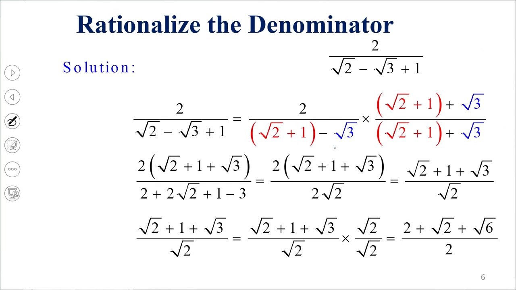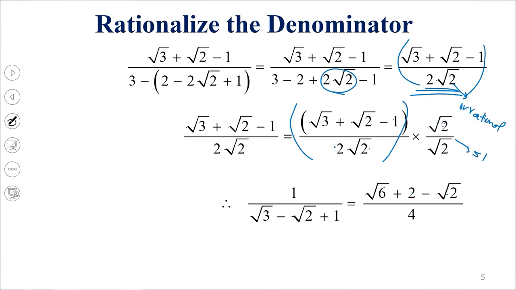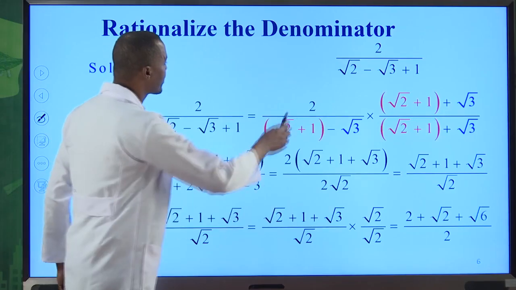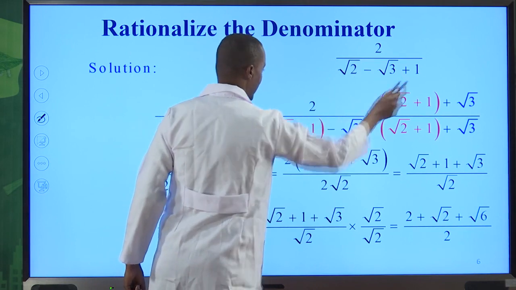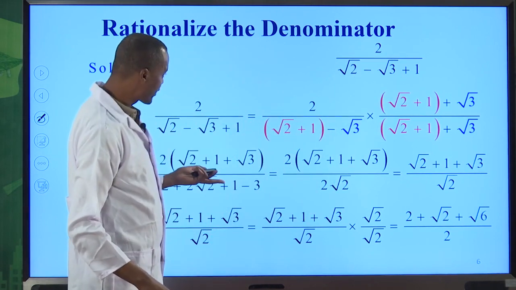So let us see another problem. In this problem, we have 2 divided by root 2 minus root 3 plus 1, which is the same as the previous problem.